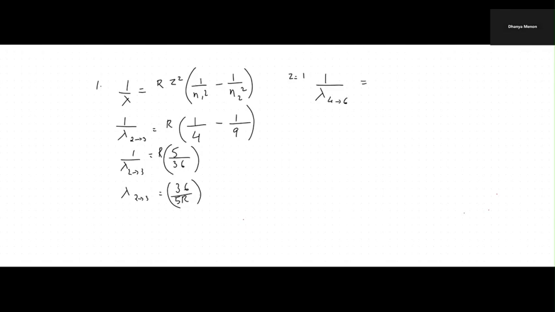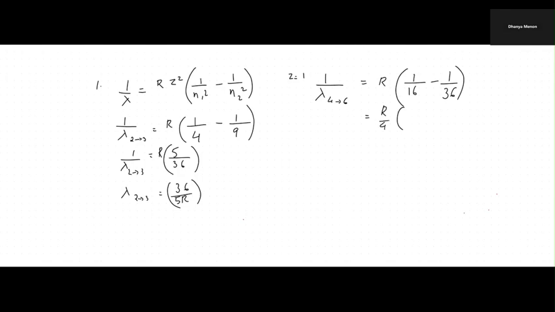R, Z is 1, 1 by 16 minus 1 by 6 square is 36. So we have R. So students, in order to make the calculation simpler, I'm taking 1 by 4 common.